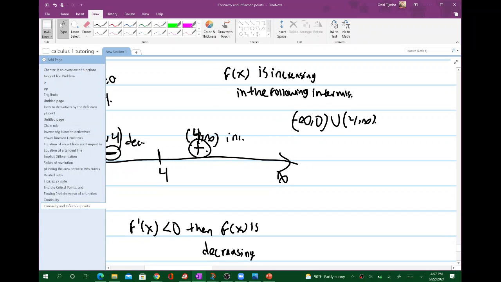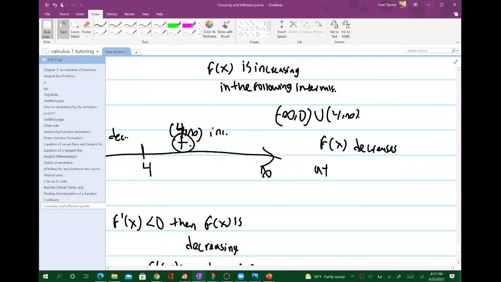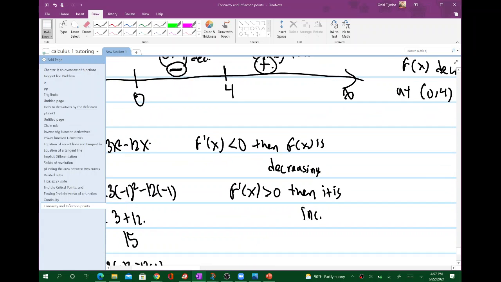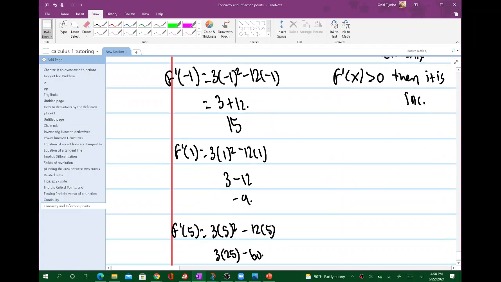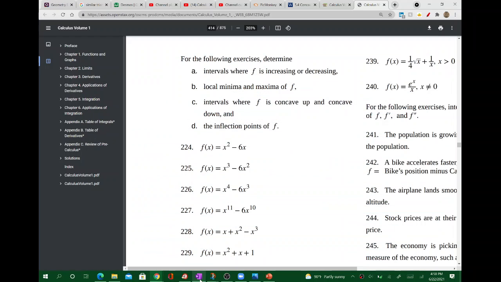And then f of x decreases at 0 to 4, which is an interval. That is not a point. That is an interval. Okay. And that's how you find increasing and decreasing intervals.